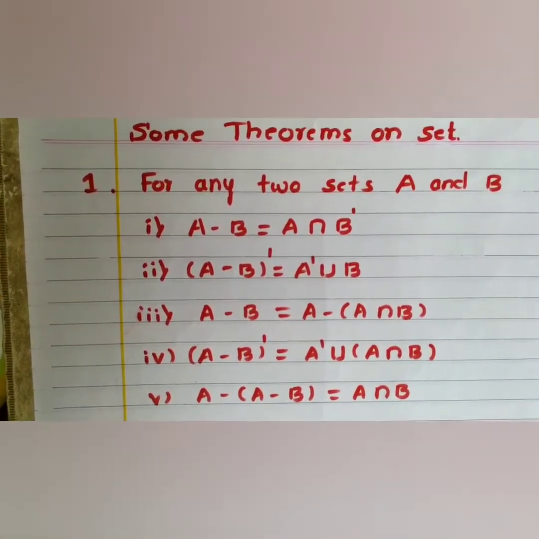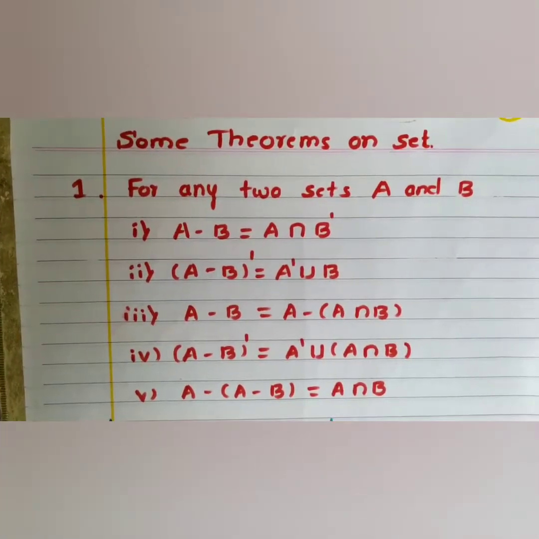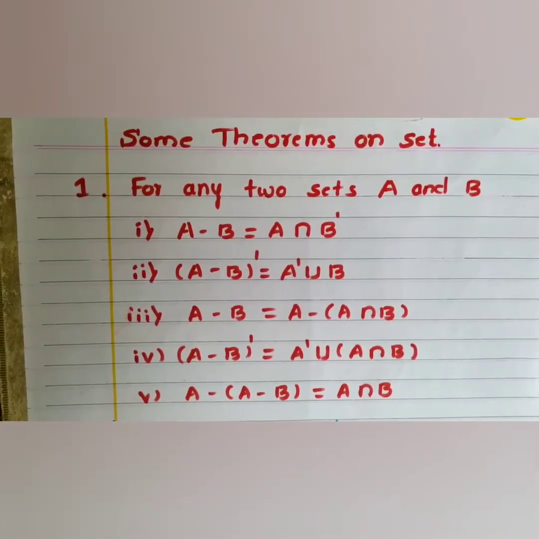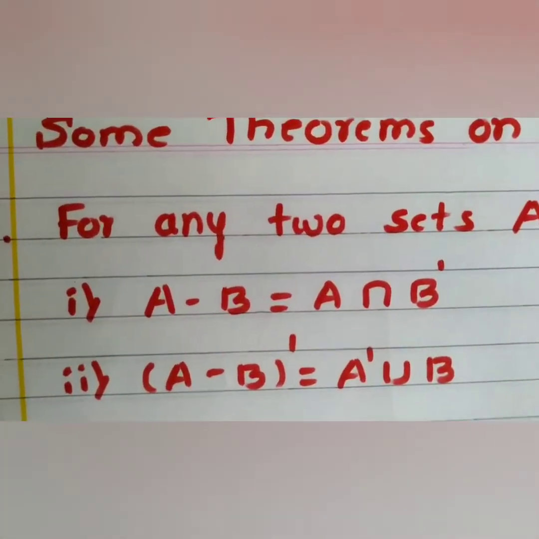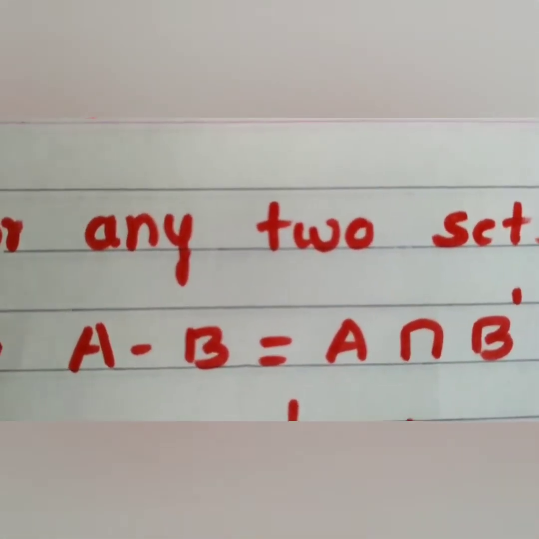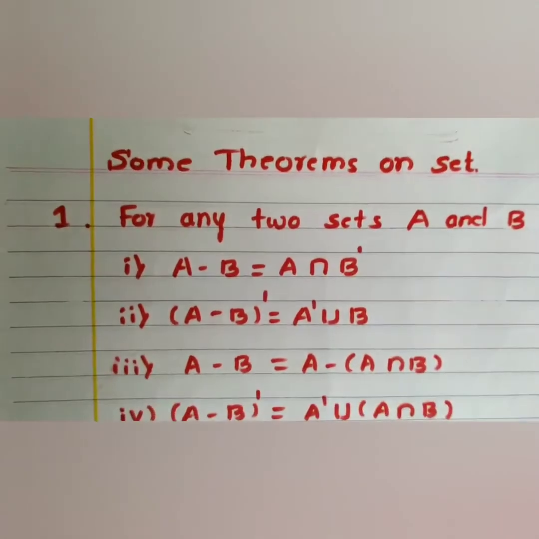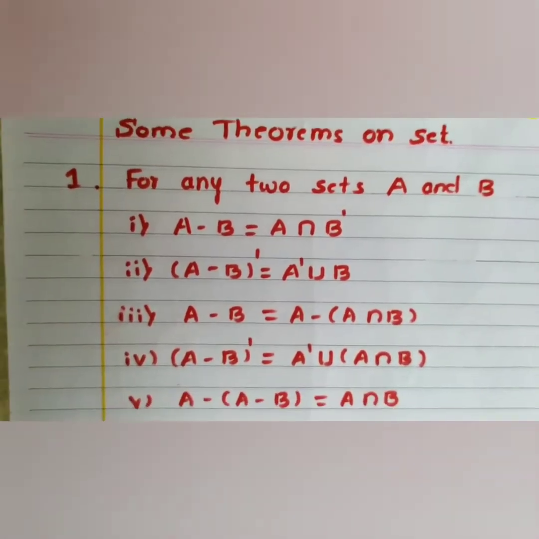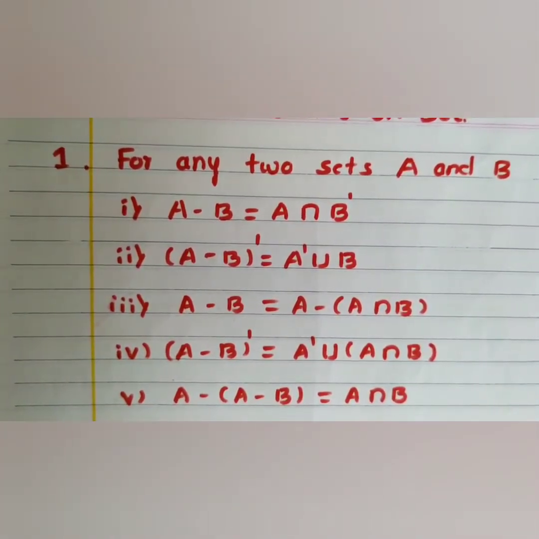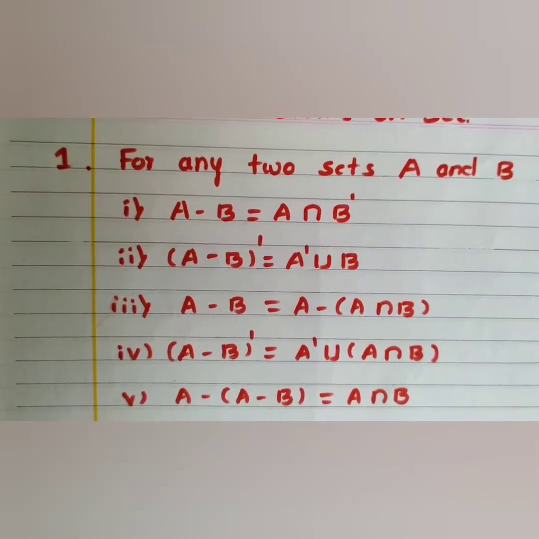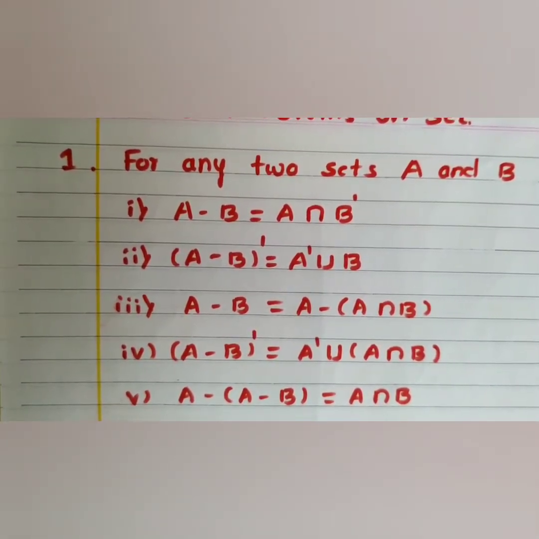Now the theorem: for any two sets A and B, the first result says A minus B is equal to A intersection B dash, that is, A intersection complement of B. Second, complement of A minus B is equal to A dash union B, that is, complement of A union B.